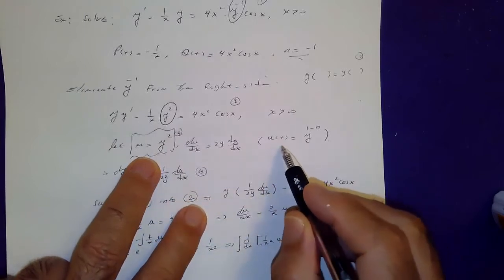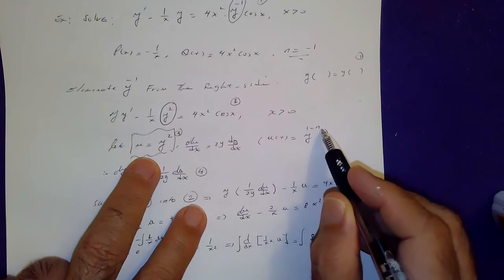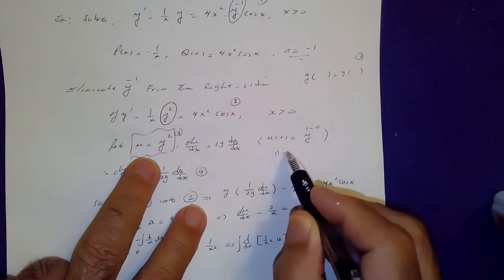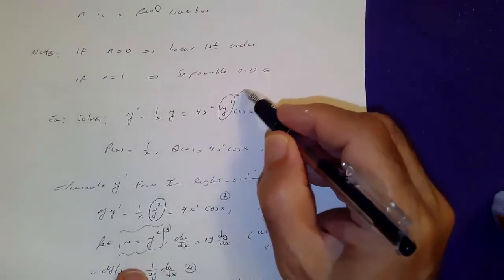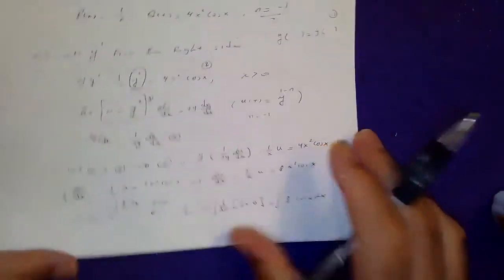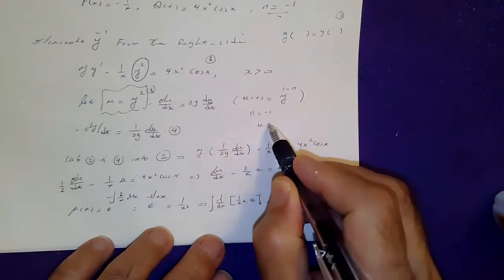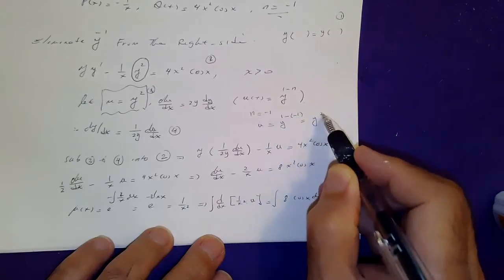Incidentally, why do you let u be equal to this coefficient of p of x? Because the rule is let u always be equal to y to the power of 1 minus n. Remember, our n was negative 1 in this case. Remember, that's the power of the y on the right side, correct? So the idea is always let u be equal to y to the power of 1 minus n, and that gives you y squared.